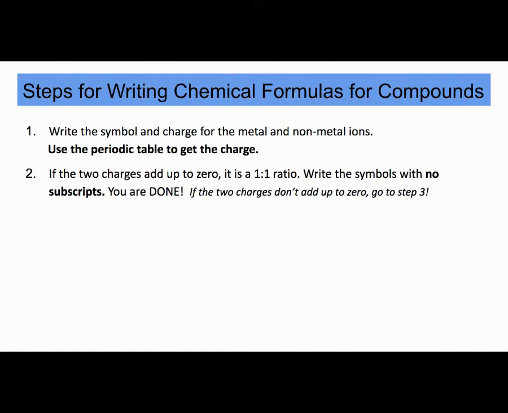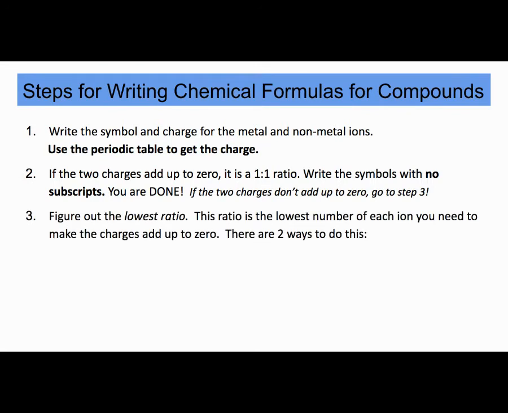If so, that compound is easy. It's just a 1-to-1 ratio. One atom of each element is needed to make all of those atoms stable. So in that case, we'll write the symbols with no subscripts and be done. But that is not always the case. If the 2 charges don't add up to 0, then we need to go to step 3.